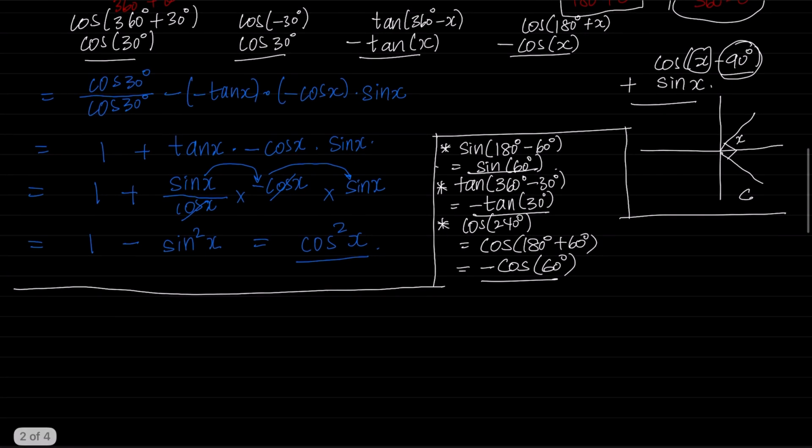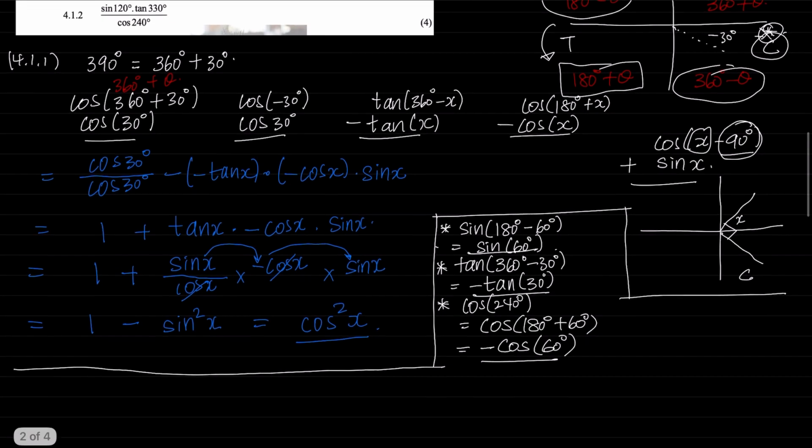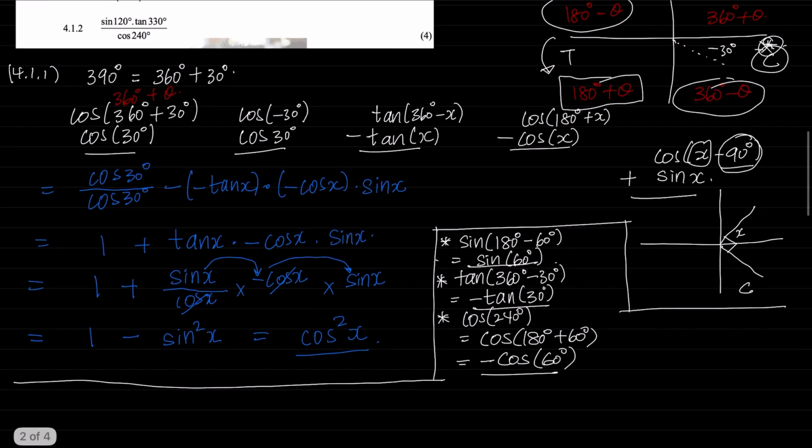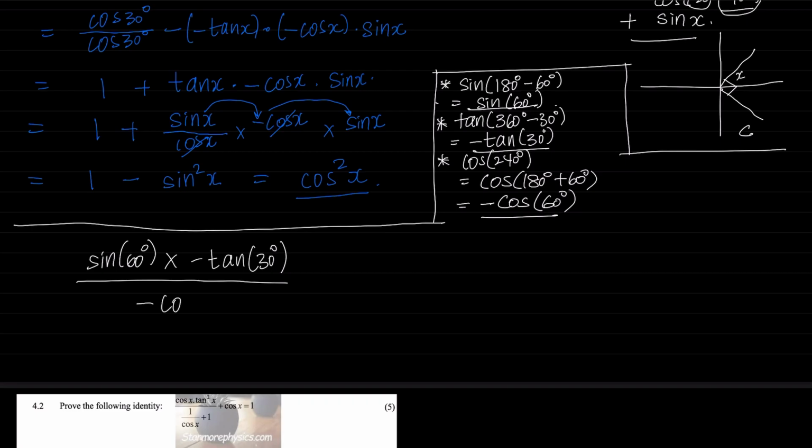Let's answer it now. So sine of 120 times tan of 330 divided by cos of 240. Okay, let's write it out. So sine of 60 times tan of 330 is the same as minus tan of 30 divided by minus cos of 60 degrees.